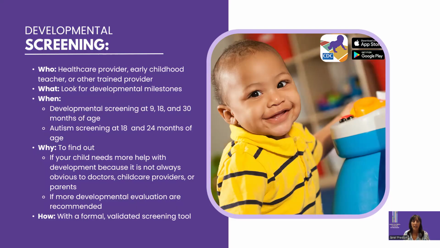The American Academy of Pediatrics recommends that universal screening happens at certain ages, and that is 9, 18, and 30 months, with autism-specific screening happening at 18 and 24 months.